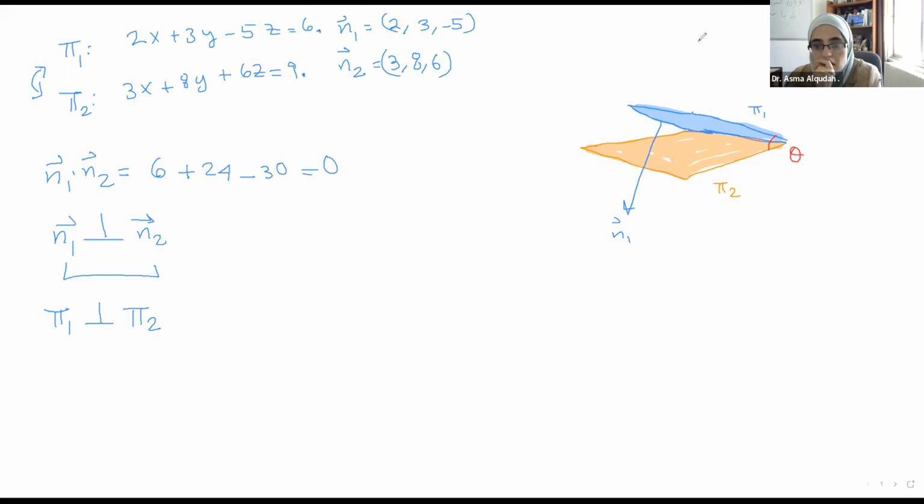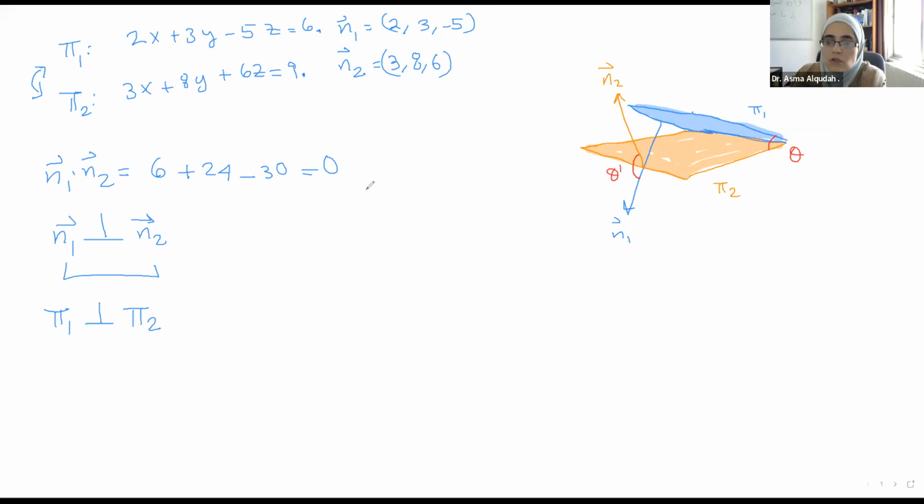The normal to the other plane, the orange one, is something like this. This is N2. Now the angle between the two normals is this angle. Let's call it theta prime.